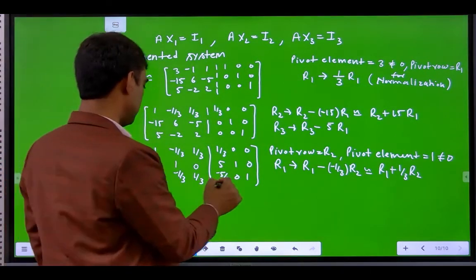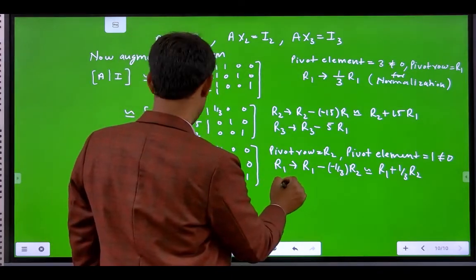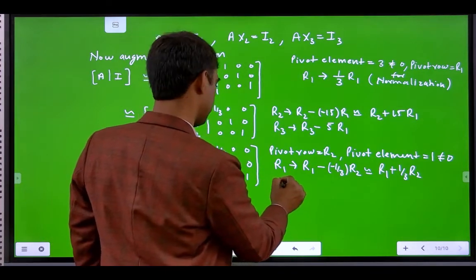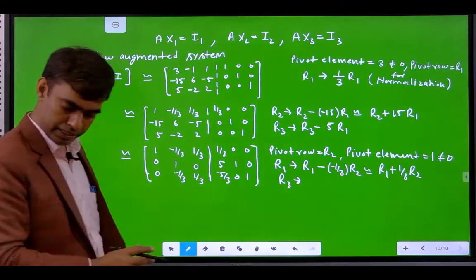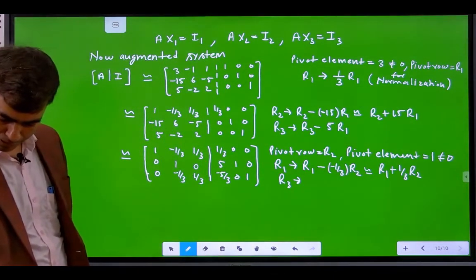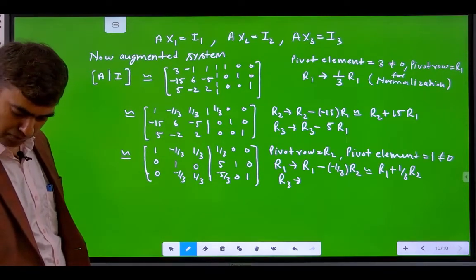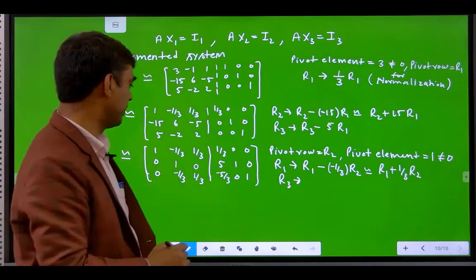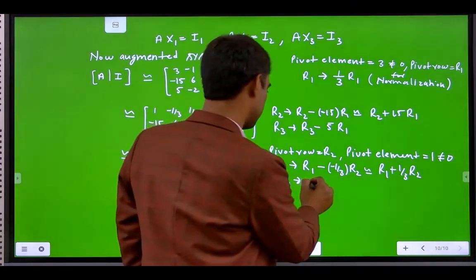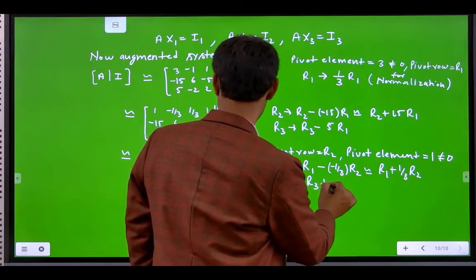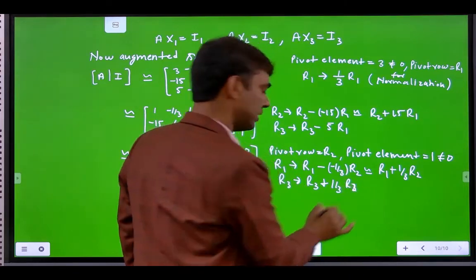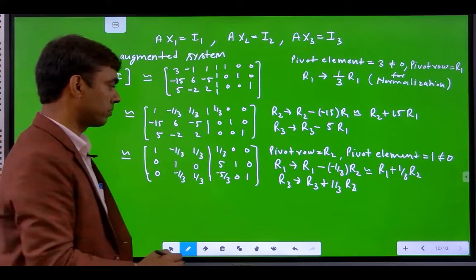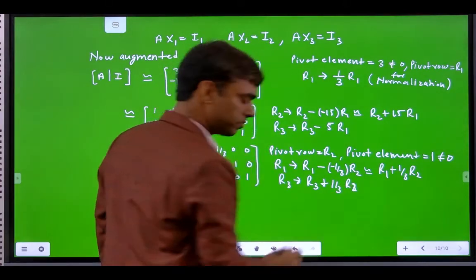Similarly, in R3, again we perform what? R3 tends to R3 minus minus 1 by 3 R2, which is R3 plus 1 by 3 R2. So what will happen here?